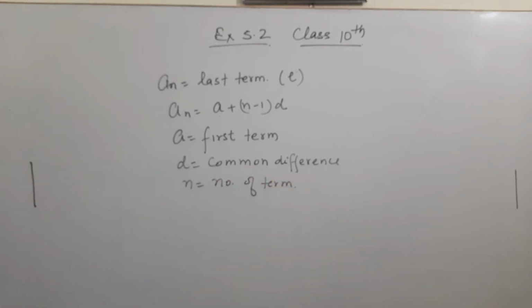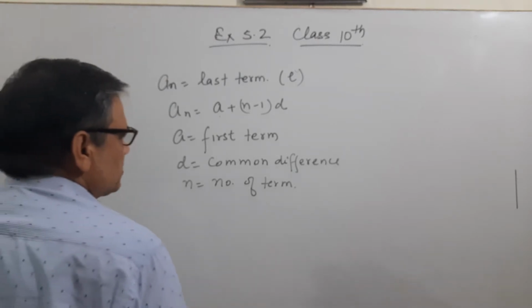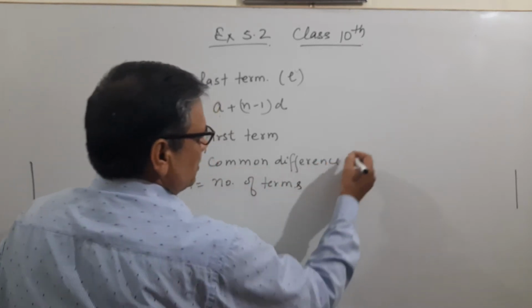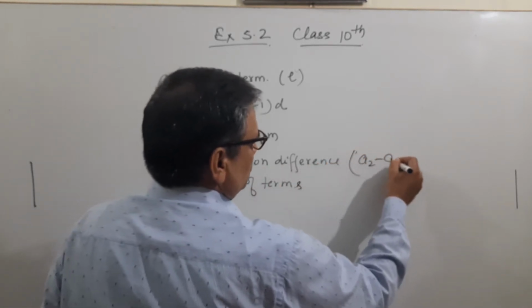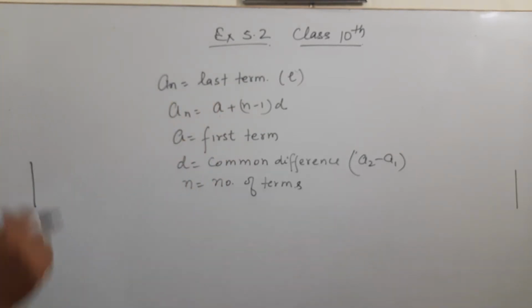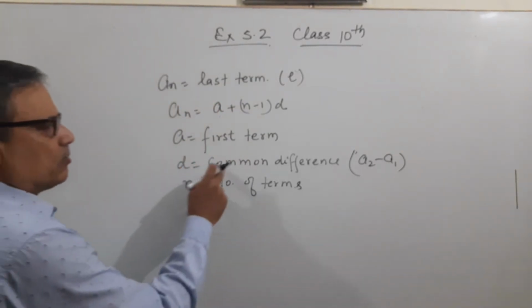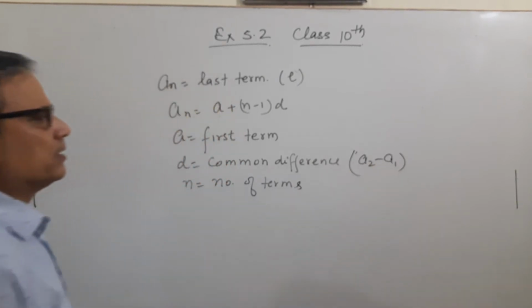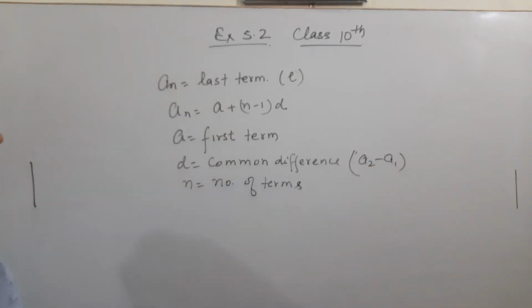How can we calculate the common difference? We find it by the difference between two consecutive numbers.